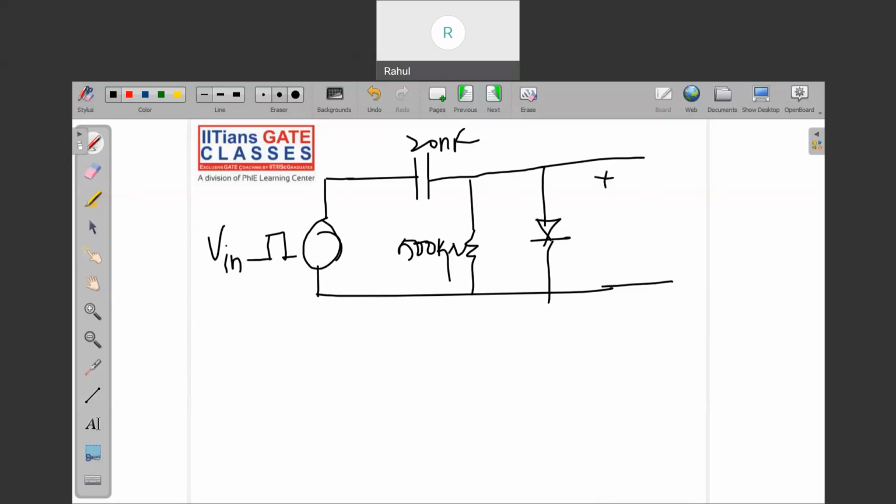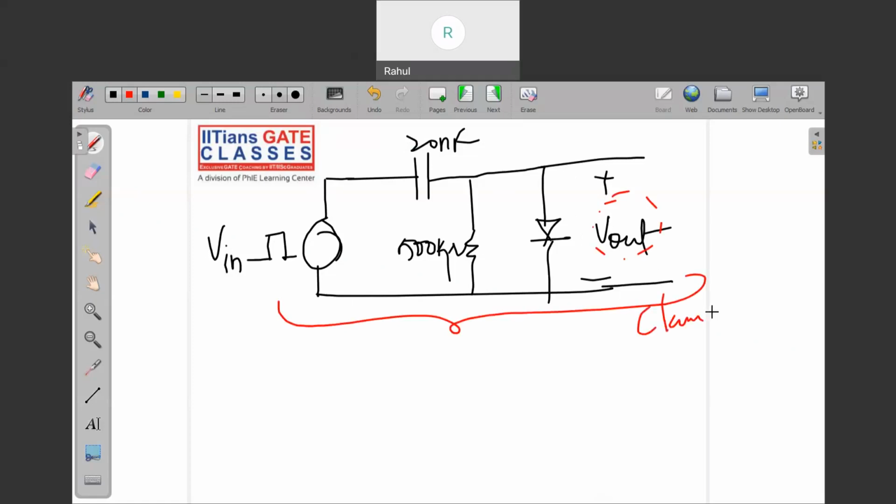The output is measured across the diode. This is just a clue. If the output is measured across the diode, it means that this is a clamper circuit.